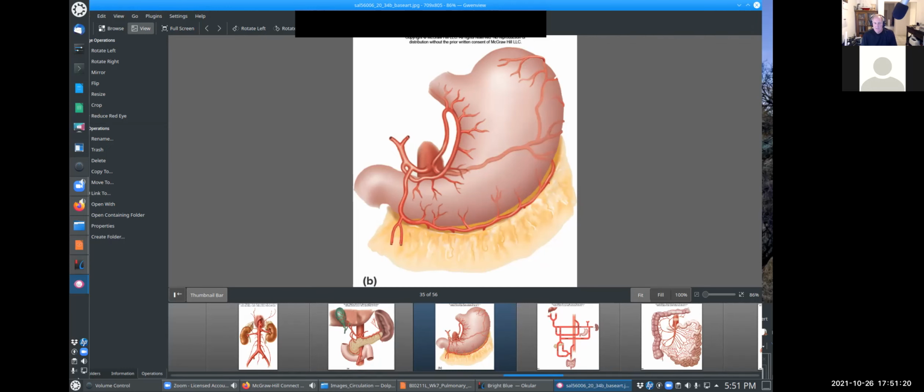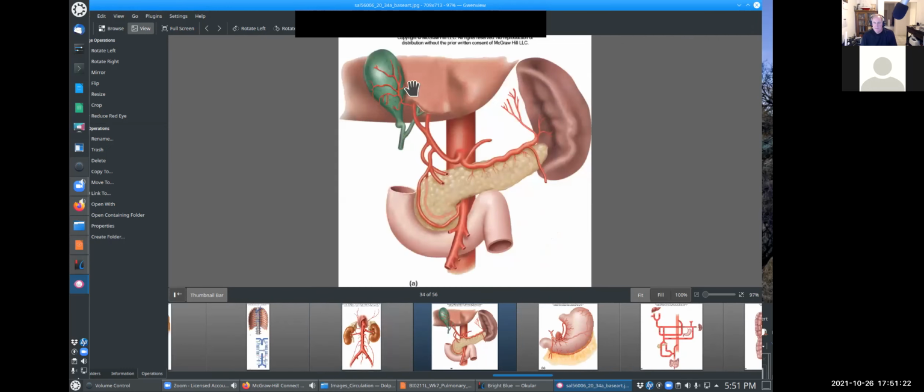They're the last ones to come off. So they'd be those two running into the liver, but they're kind of buried down in the liver. So you got proper hepatic and common hepatic, right gastric, left gastric, splenic.